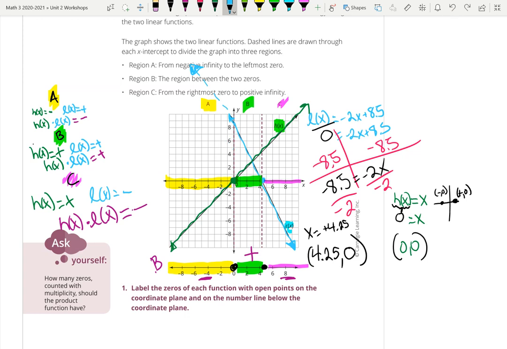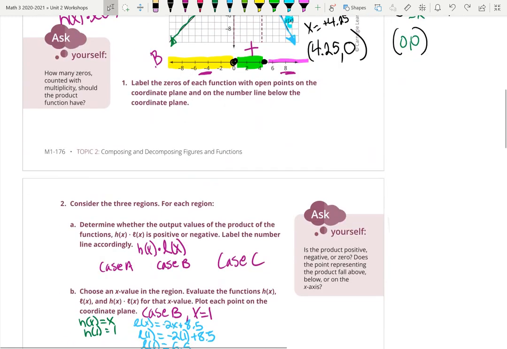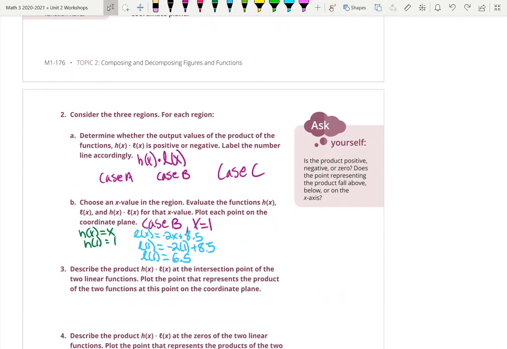Notice how the algebra matches my graph. And what they're asking is, what is h of x times L of x? H of x was 1 times 6.5 is going to result in a positive 6.5.